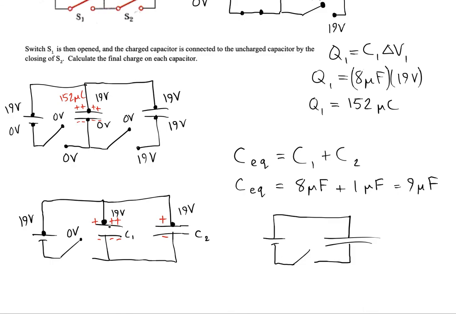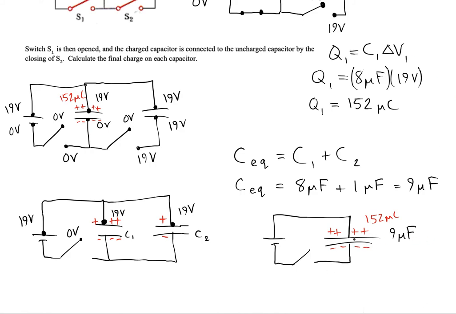So it's as if they're one large plate, a 9 microfarad plate. So with that in mind, let's figure that we're going to have 152 microcoulombs on this equivalent capacitor.